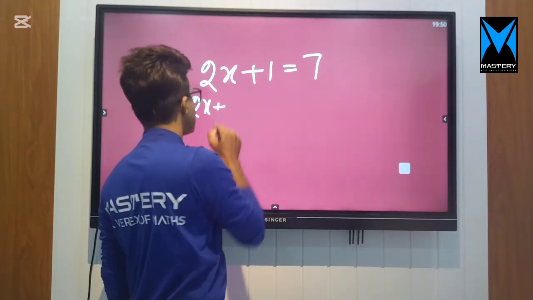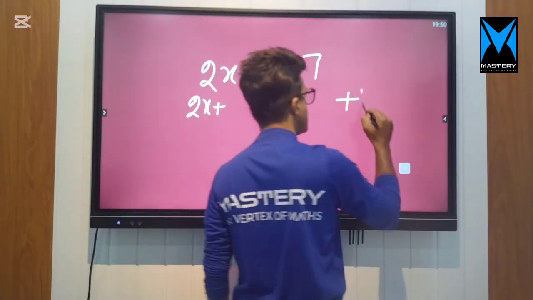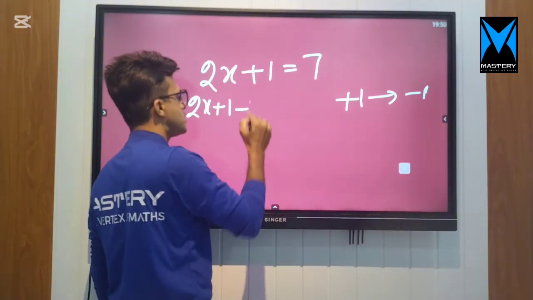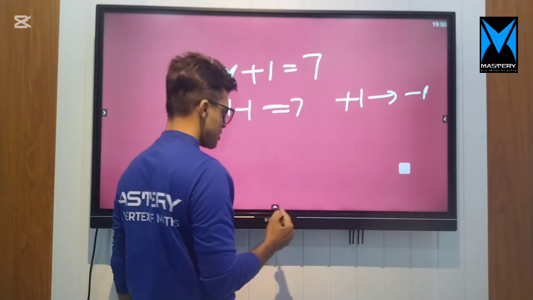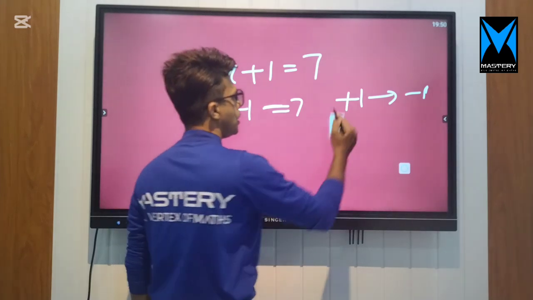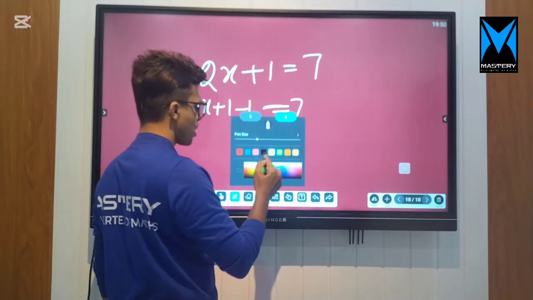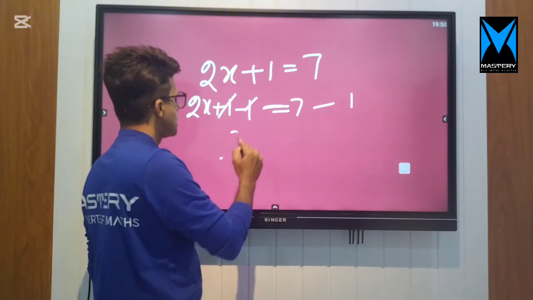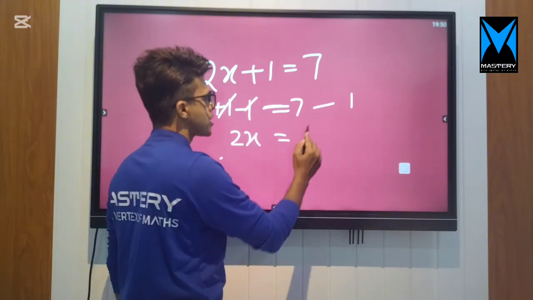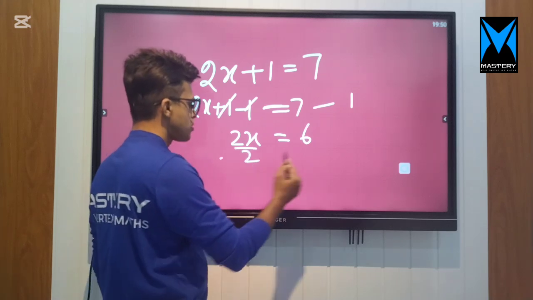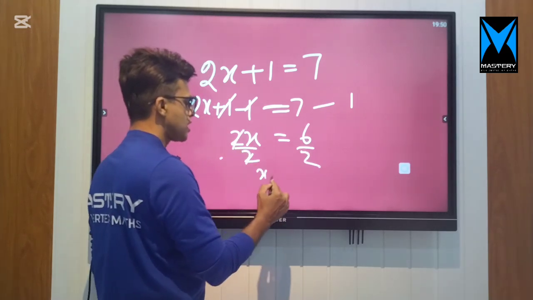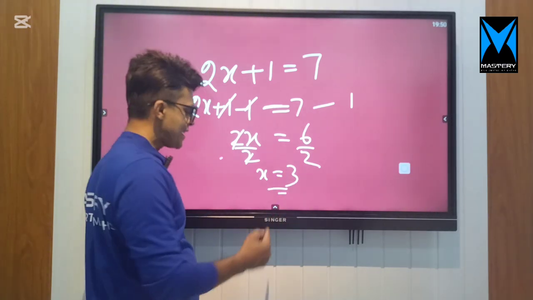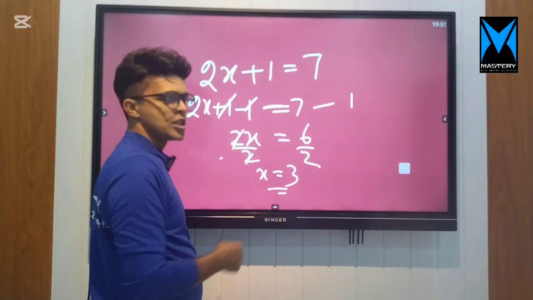Previously I taught you that if it is plus 1, you need to subtract 1 from both sides. Plus 1 and minus 1 cancel out. Then 2x equals 7 minus 1, which is 6. Now divide both sides by 2. So x equals 6 upon 2, which is 3. When it multiplies, you need to divide.